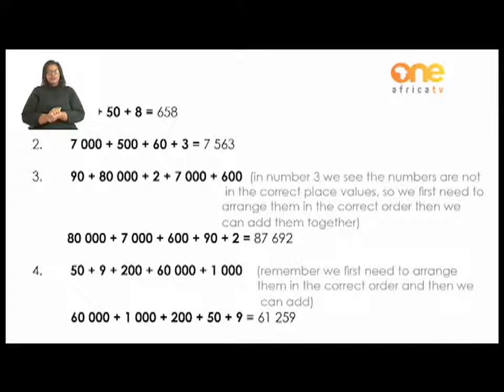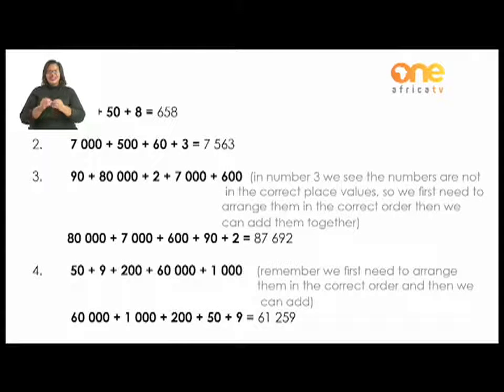Let's go over to number 3. Now we see number 3 is written a little bit differently. Here it's 90 plus 80,000 plus 2 plus 7,000 plus 600. Now here we see when they wrote the expanded notation, they mixed it all up.